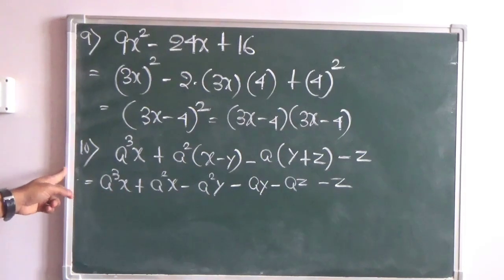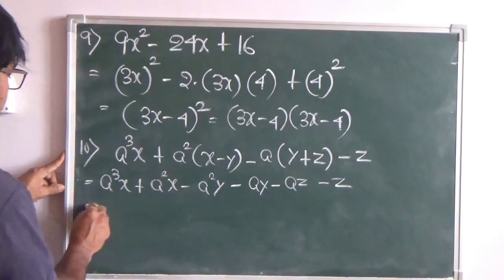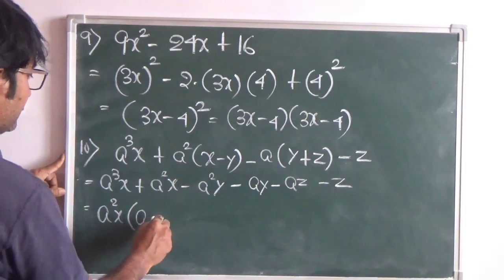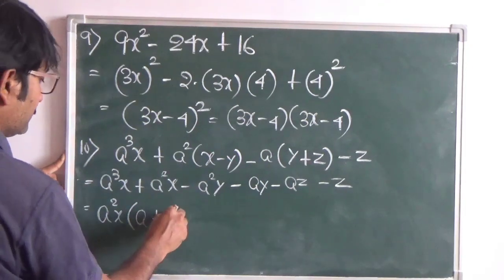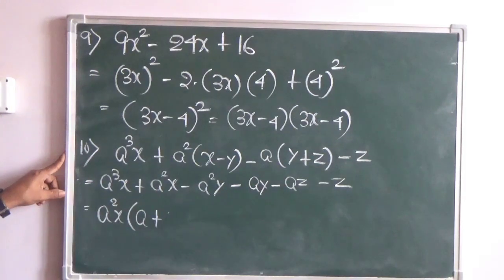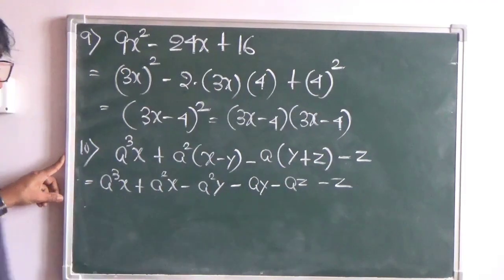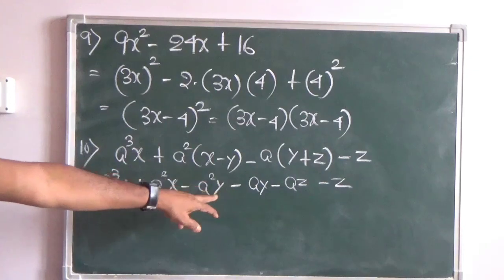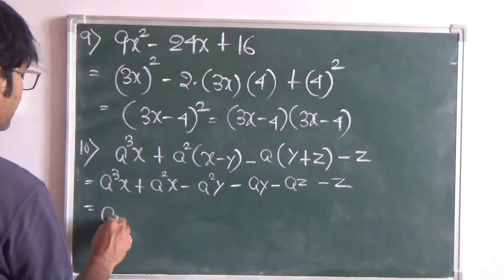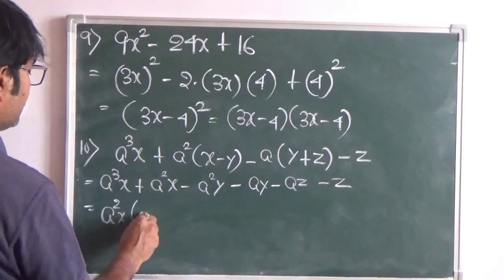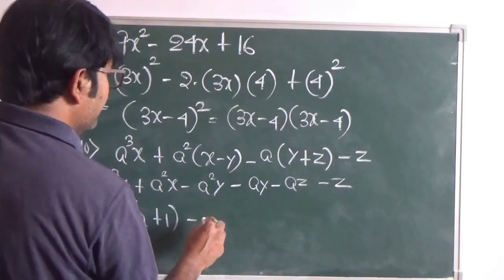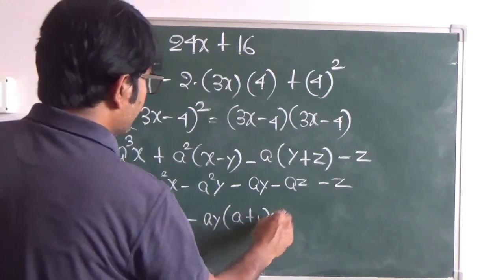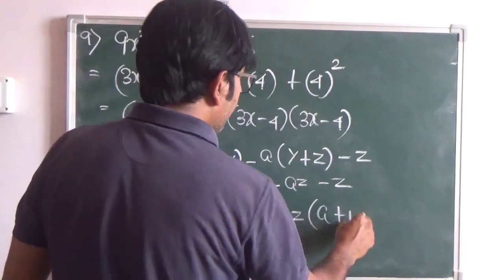If we take a square x common here, then we are left with a plus 1, minus of, we take a y common, so it is a plus 1, minus of z common, so it is a plus 1.